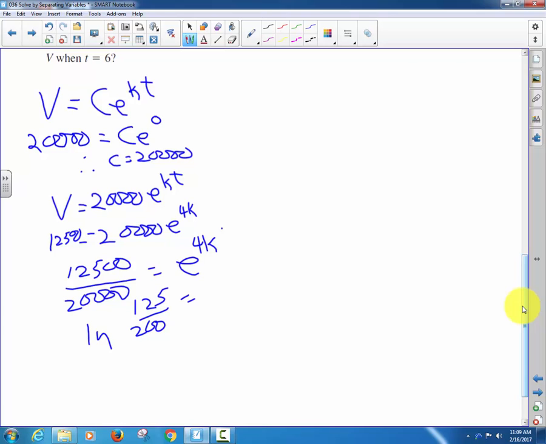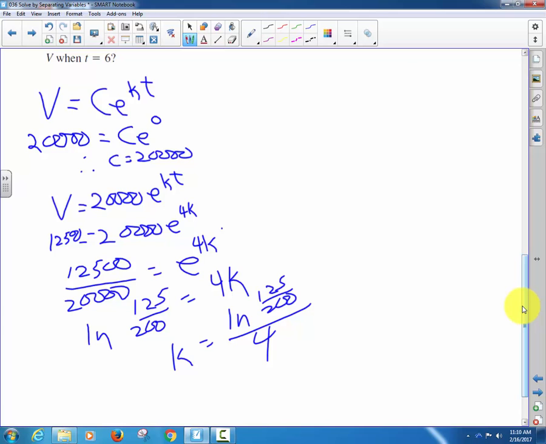The natural log of that equals 4k, because if I take the ln of both sides, the ln and the e kind of cancel each other out. So that k then is this number, ln 125 over 200 divided by 4, which you've got a calculating device and you can figure out what that is.